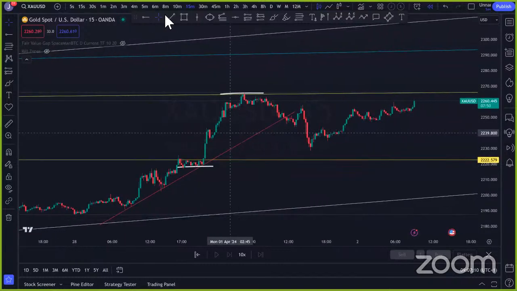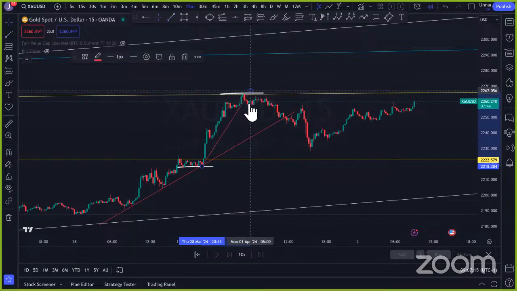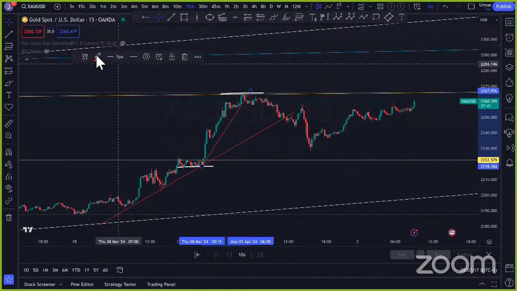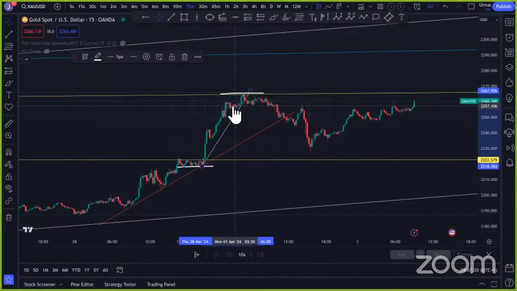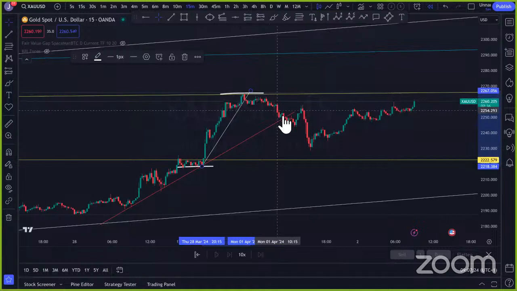Touching the last low over here, which I'm going to make white, the last low before this highest point. And we saw the market came and broke that structure, made a correction, made a continuation, and then started coming back in this direction and potentially breaking above this level in here.